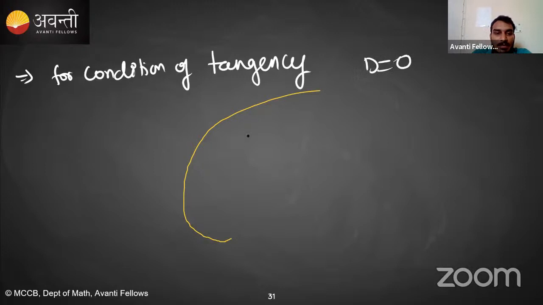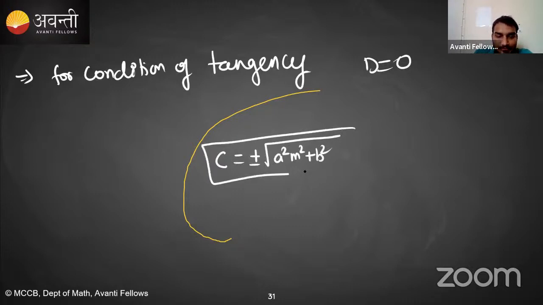On solving this, you get c is equal to plus minus under root of a square m square plus b square. Is this clear? So for a line y is equal to mx plus c to be a tangent on the ellipse, c should be plus minus under root of a square m square plus b square. This is a very, very important formula.